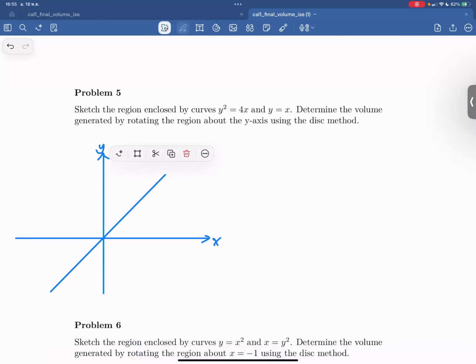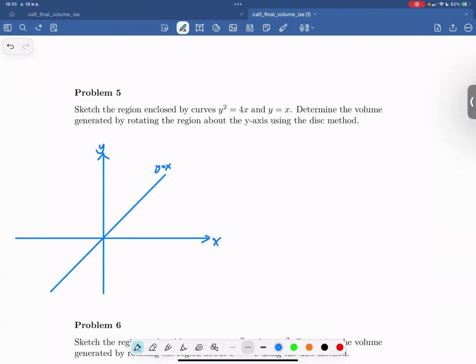And the other one is the parabola with the vertex 0, 0, right? So it should be like this, y squared equal to 4x. And the volume is rotation about the y-axis.